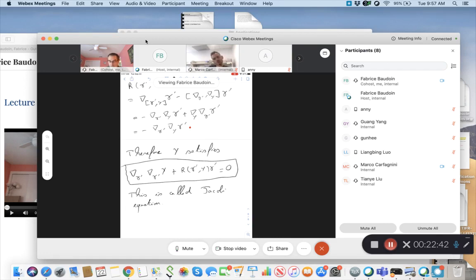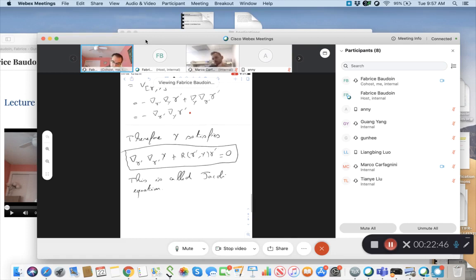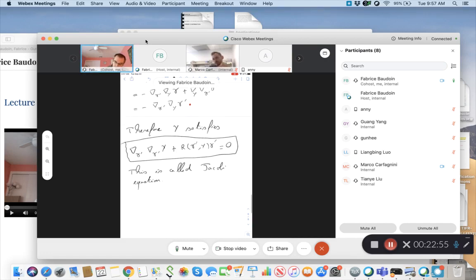On terminology, any solution of the equation along gamma is going to be called a Jacobi field. That is, any solution of this equation is called a Jacobi field.